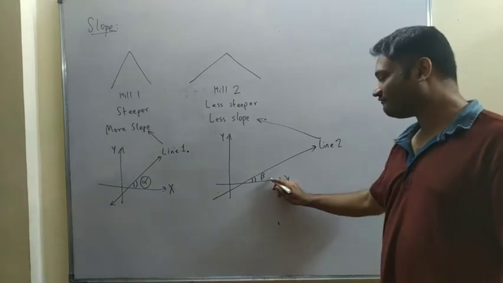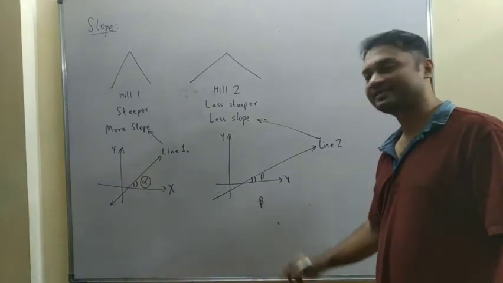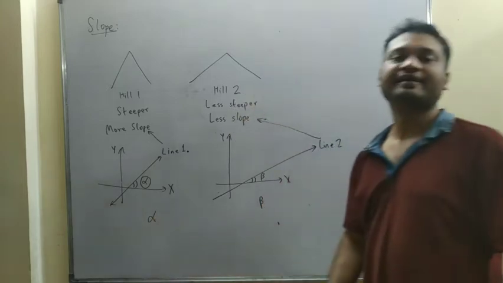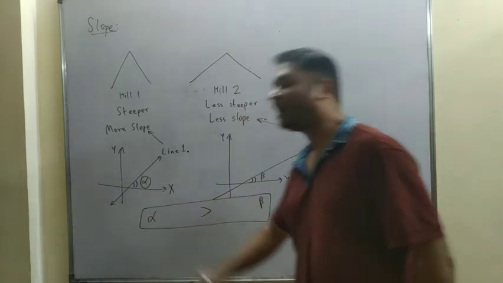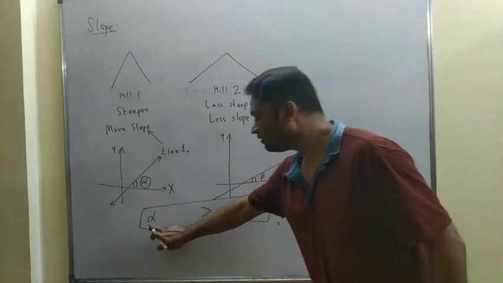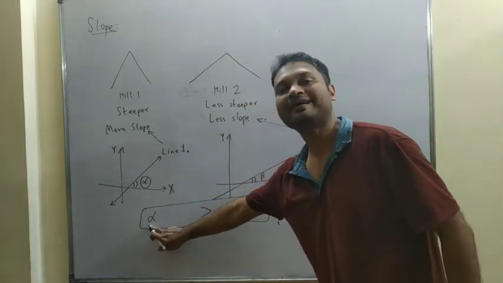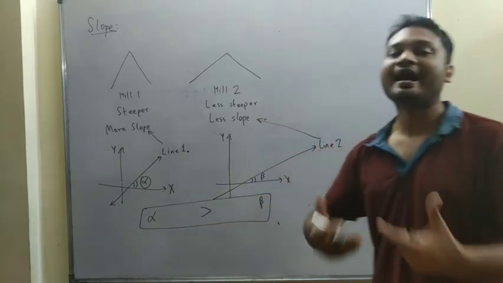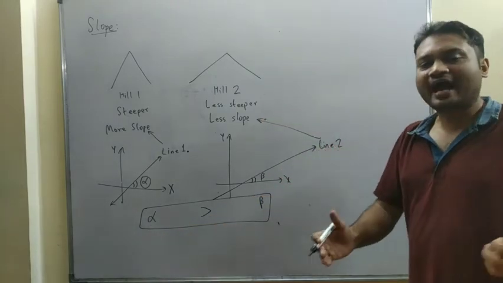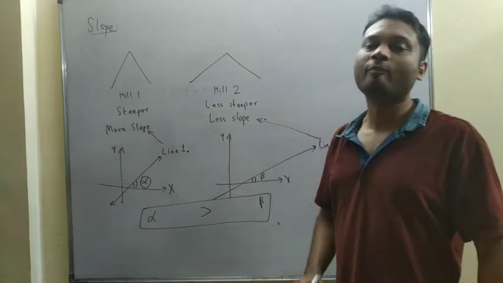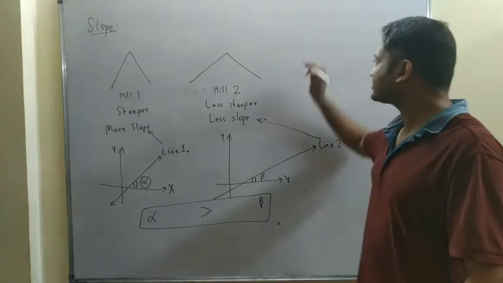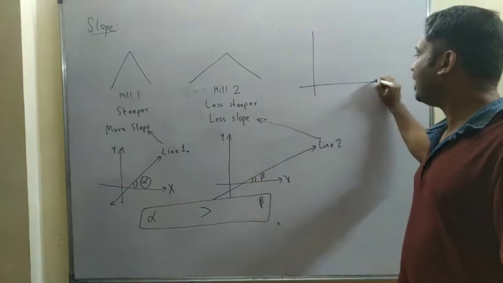In this case, the value of beta is less, the value of alpha is more. So we can say alpha is greater than beta, and the line with more angle with the positive x-axis has more slope. This idea we borrow into mathematics, and we define slope for a straight line as tan theta.